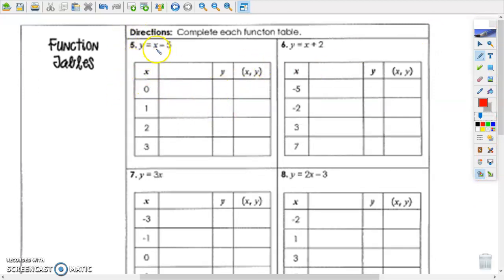So we're going to plug in these numbers where the X is, do the math, and figure out what our Y is. So for example, 0 minus 5. So instead of putting an X here, this is like substitution from our last couple units, 0 minus 5, which equals -5 on your calculator. And that gives us our new coordinate, our new ordered pair, 0, -5.